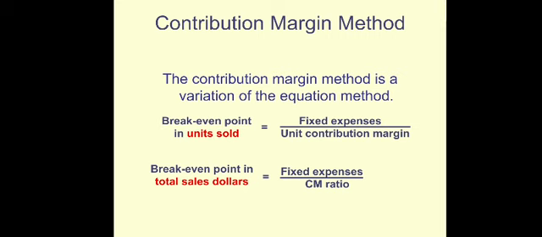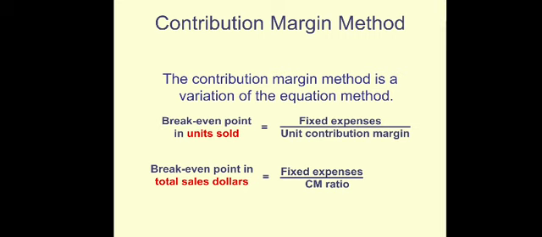So you have two choices. If a question asks you to calculate the break-even point, you can use the equation method or the contribution margin method. Now let's see the break-even point in terms of dollars. It is equal to fixed expenses, 80,000 for this sample business, divided by the CM ratio.